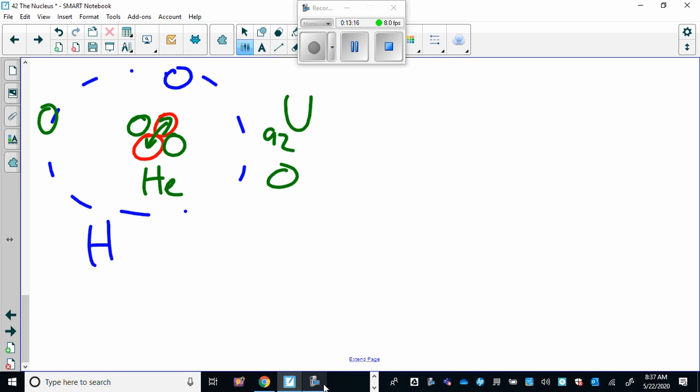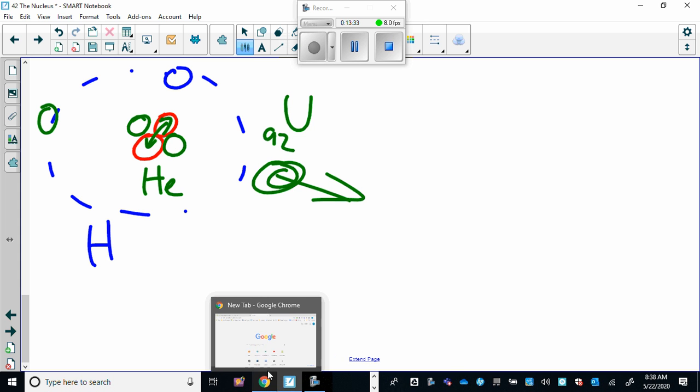And therefore, those elements tend to be less stable. In other words, some of these protons or neutrons may be ejected from the nucleus, which is called radioactive decay. And it also is what's responsible for fission and nuclear bombs and nuclear power plants and so on.